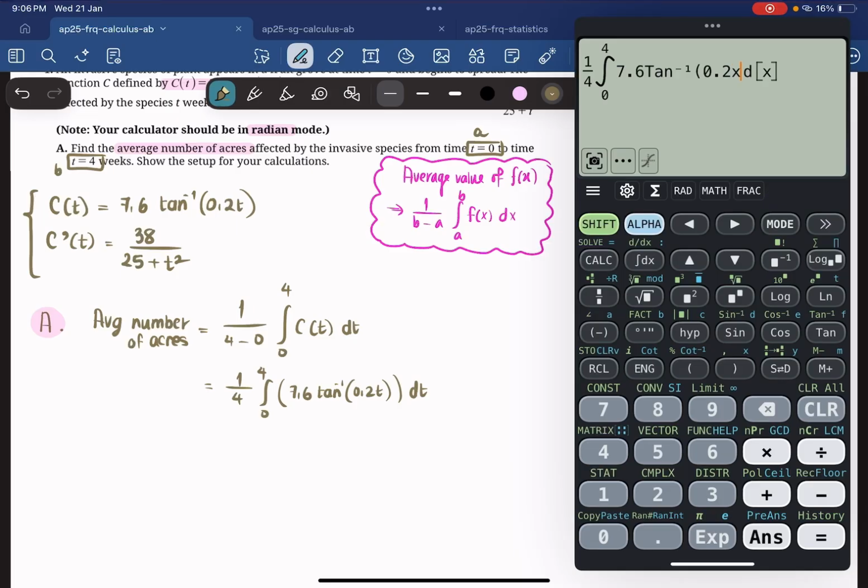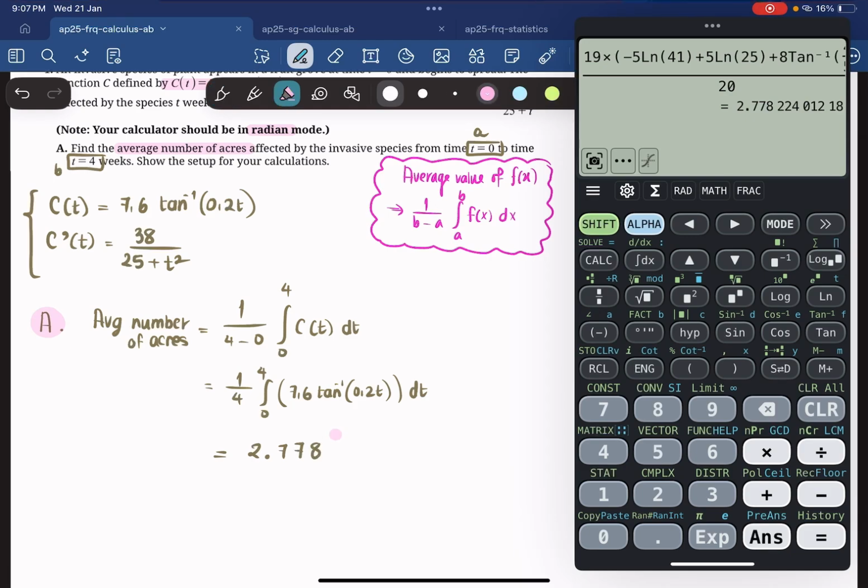Instead of t, you're going to write x because the calculator integral is in terms of dx. Your final answer in the free response questions should always be to 3 decimal places, so 2.778 is your final answer.